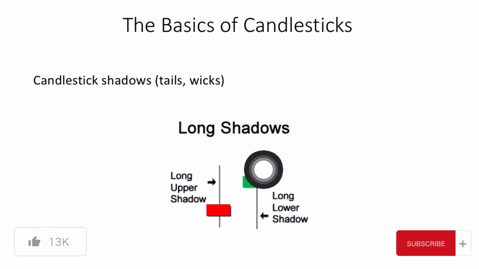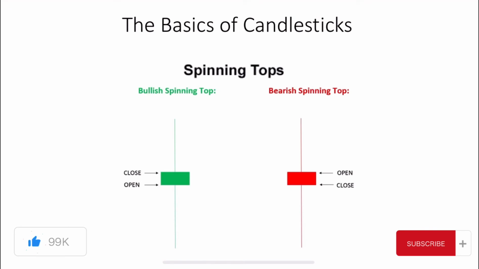Most times we find this red one on an uptrend, and we find this one that has a long lower shadow on a downtrend. So when you find this one in a downtrend, you know that buyers are coming in anytime soon.